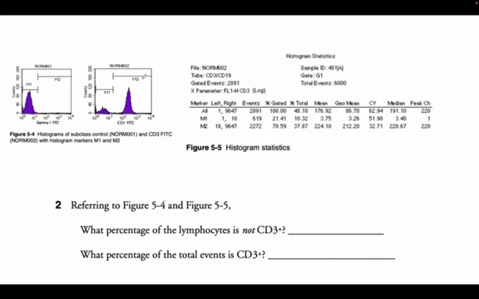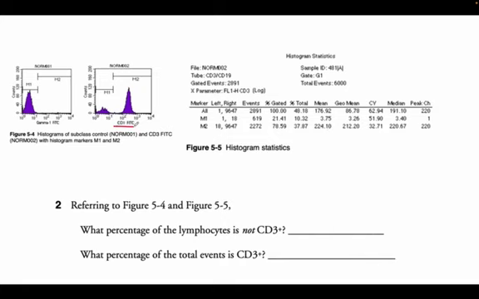whereas in the M2 gate, which is the second population, I have 2,200 events, which is 78% of the total, and the mean value of fluorescence for this is 224. So you can see there's a very obvious difference between the M1 and M2 populations.